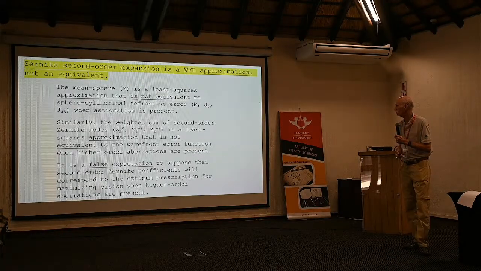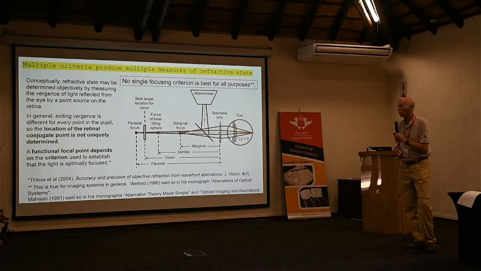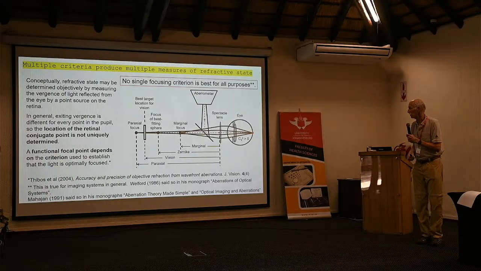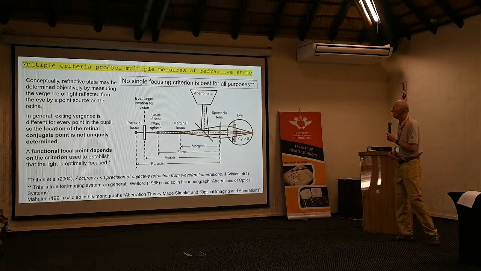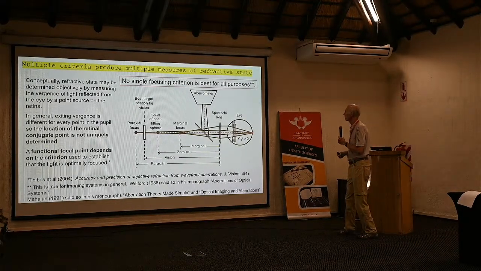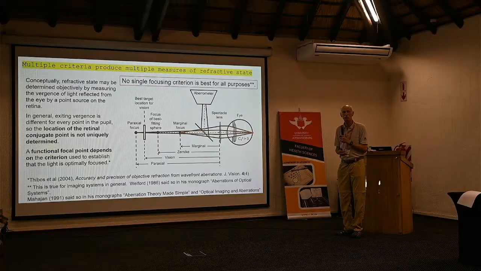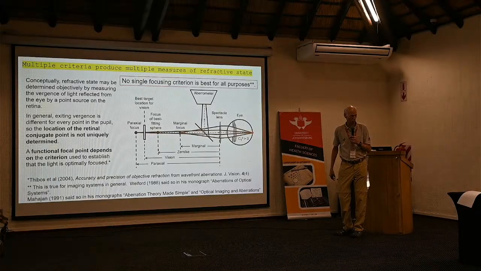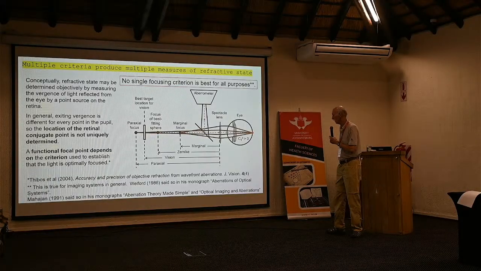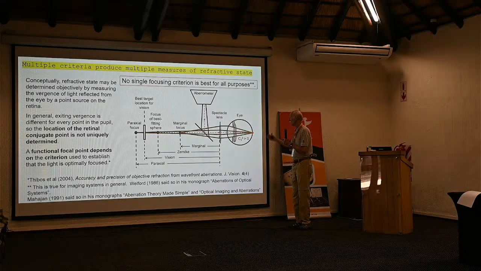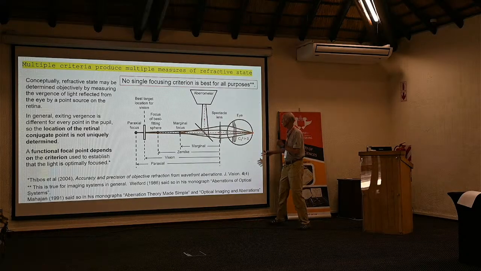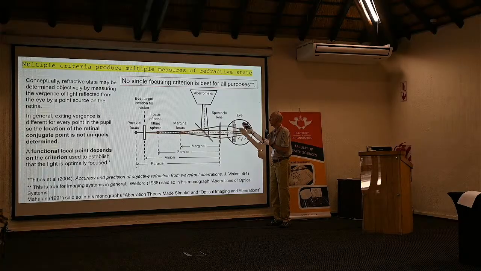Well, you know why now, because you've seen, where's my picture? Oh, there it is. You've seen this picture a couple of times now. It's kind of unrealistic to think that there is a single focusing criterion that tells you where the far point of an eye is. Because when an eye has higher order aberrations, those rays coming out of the pupil, every one of them is deflected in a different way.